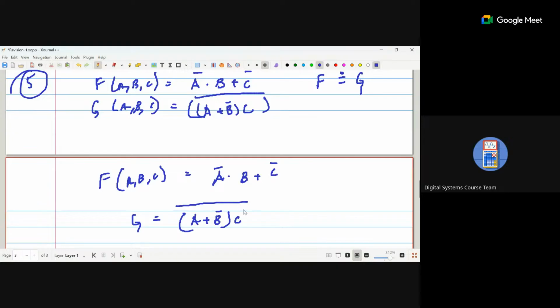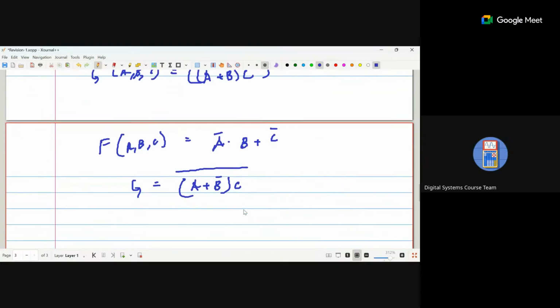Now let's start from G. Let's solve G. According to De Morgan's law, when you convert this, what will you get? A plus B bar, the whole bar, will become AND C bar.